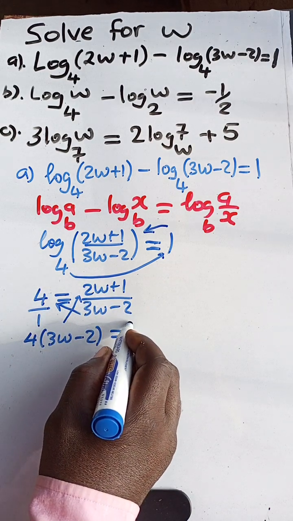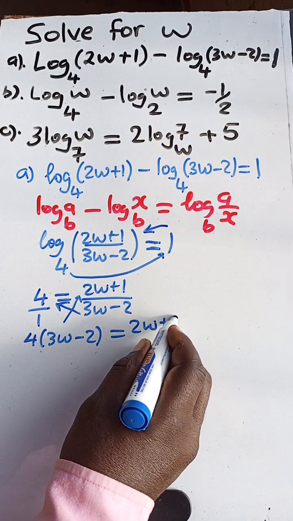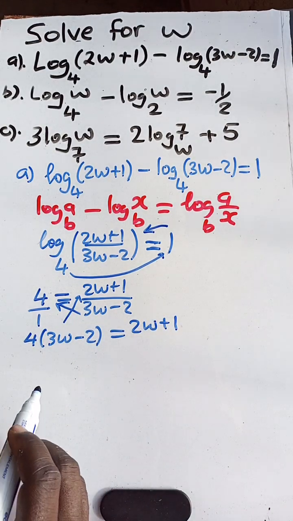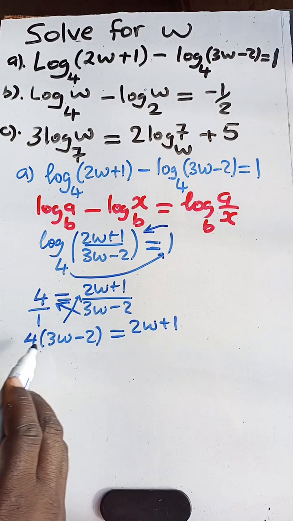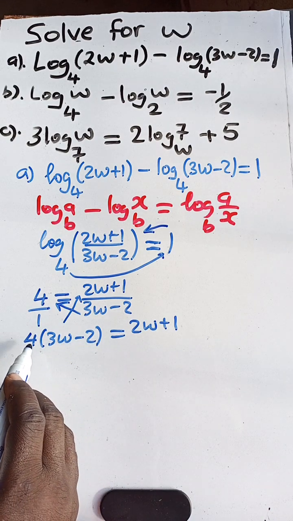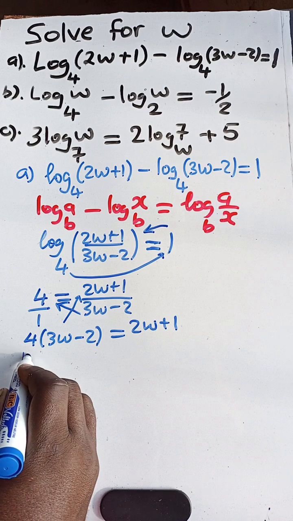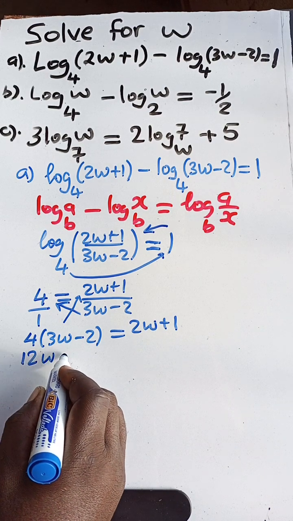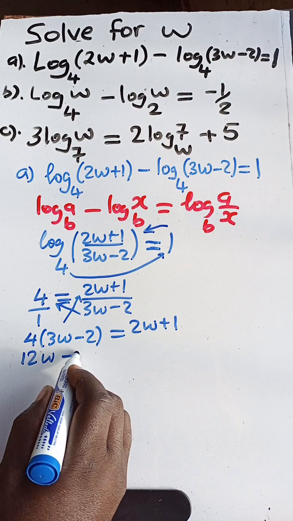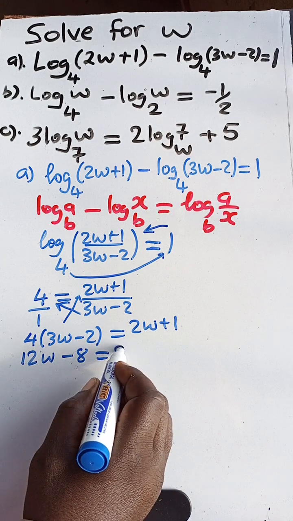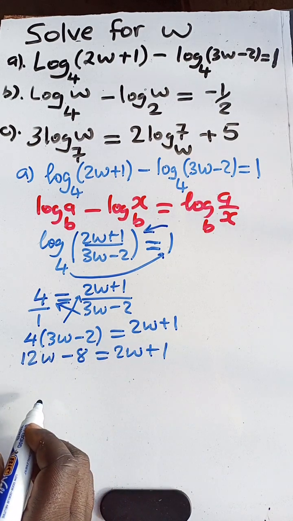So 1 multiplied to anything just leaves us with the same expression. So we end up with this linear equation to solve. Let's open the bracket. 4 multiplied to 3w gives us 12w. 4 multiplied to negative 2 gives us negative 8, equals 2w plus 1.